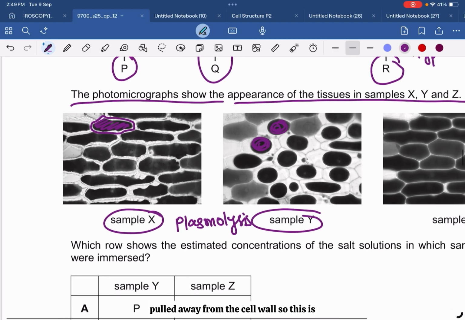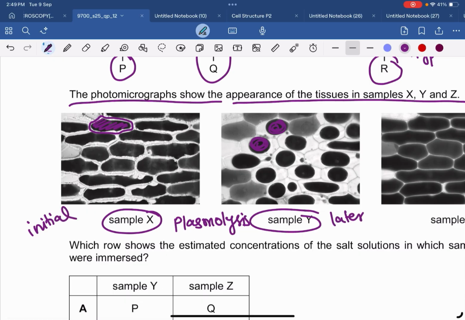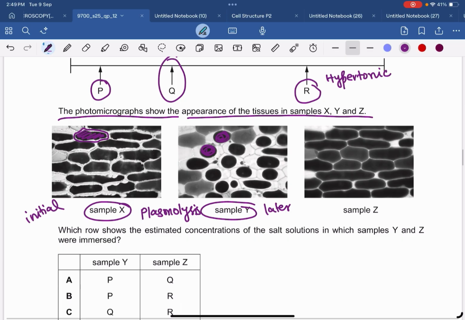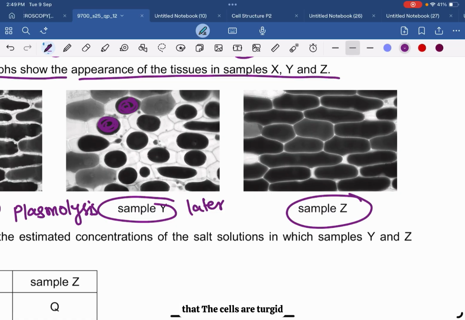So this is the initial stage, and this is the later stage of plasmolysis, the plasmolysed cells. And if I talk about sample Z, you can see that the cells are turgid, the cell membrane is pressing against the cell wall, there is no space left in between, so it is turgid, right?